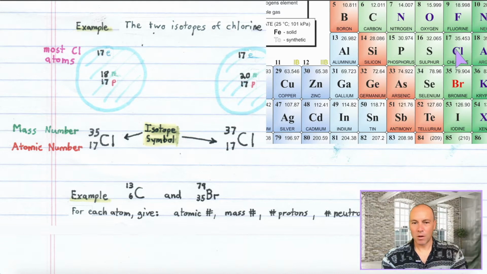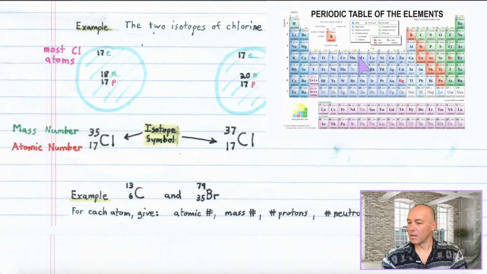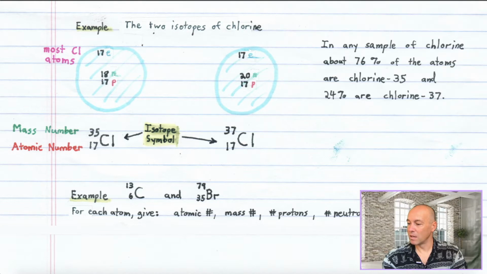But because chlorine is element number 17, chlorine atoms must have 17 protons. And balanced atoms of chlorine will have 17 electrons. But some chlorine atoms have 18 neutrons and other ones have 20 neutrons. It turns out that most of the chlorine atoms that you'll come across have 18 neutrons, but some of them will have 20 neutrons.